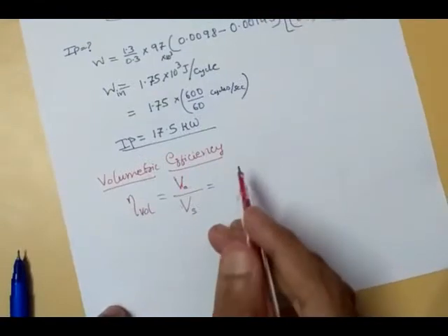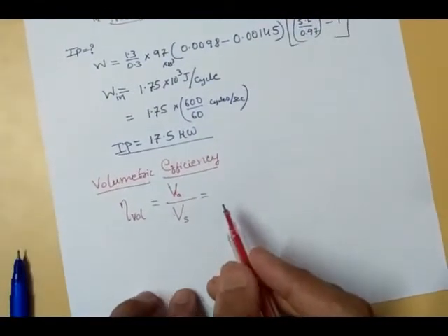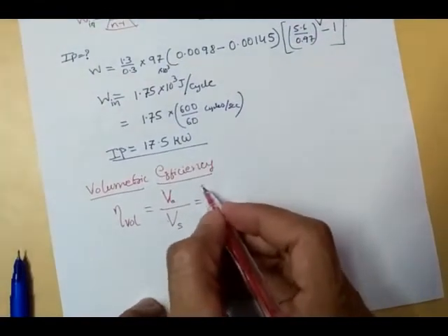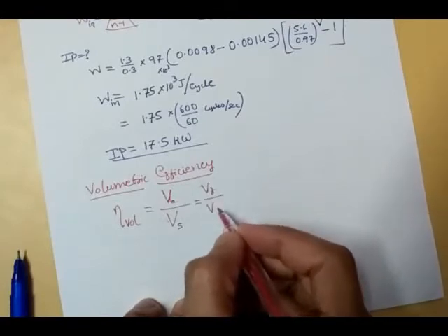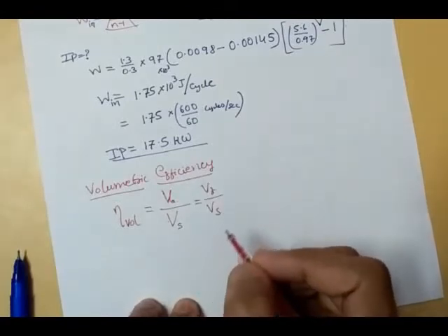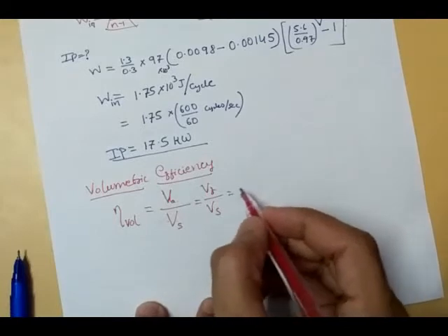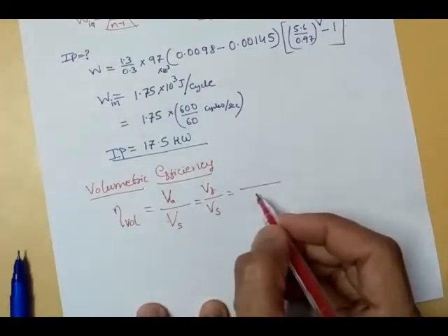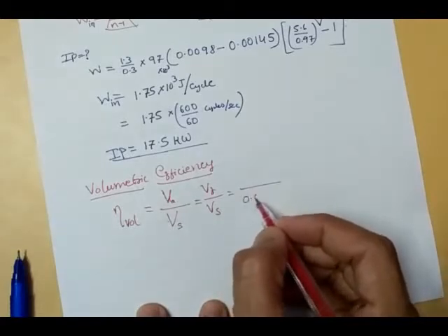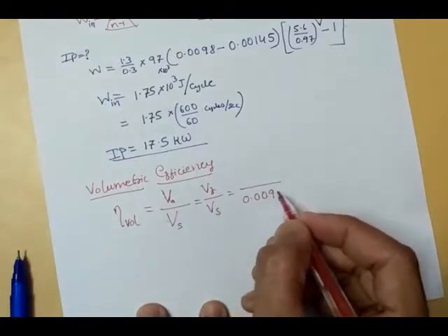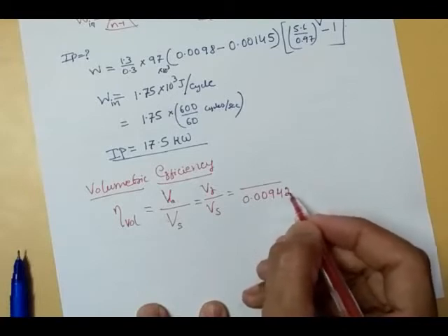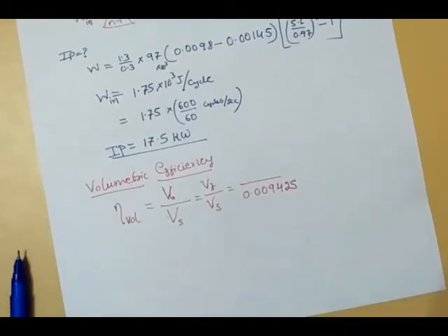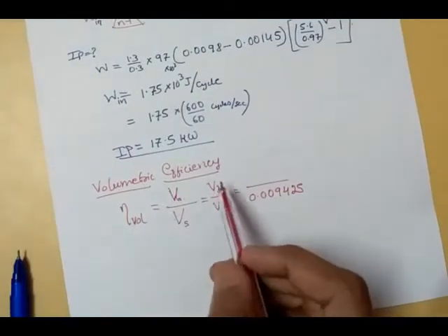So what we can write here is Vf by Vs. Vs is stroke volume, that is 0.009425.